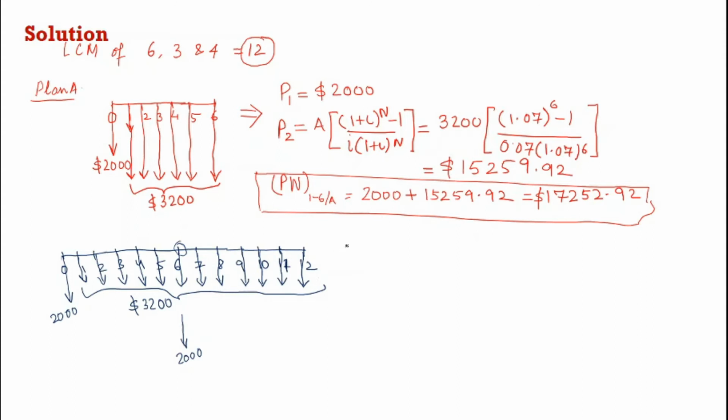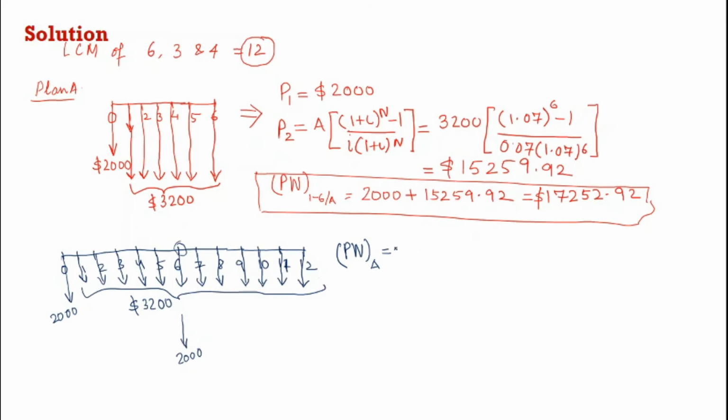So if I just find out the present worth of plan A by this, when I'm drawing the complete cash flow diagram, here 12 is not that large, so I can draw the cash flow for 12 years, but if it is a case of 50 years or 60 years, then sometimes it will be difficult to draw the cash flow. So we'll see how we'll take up that case also.